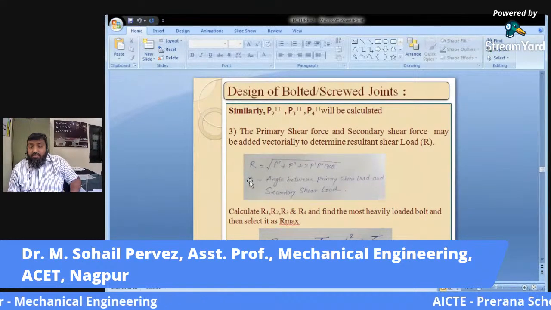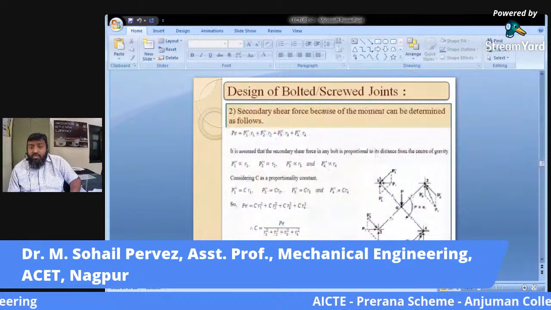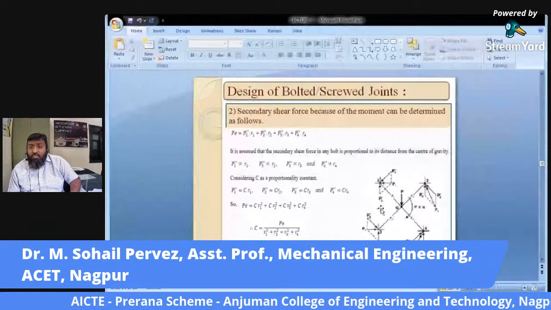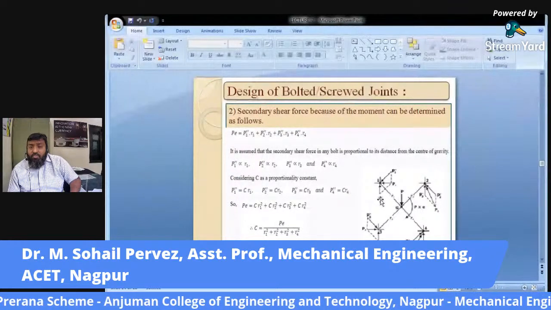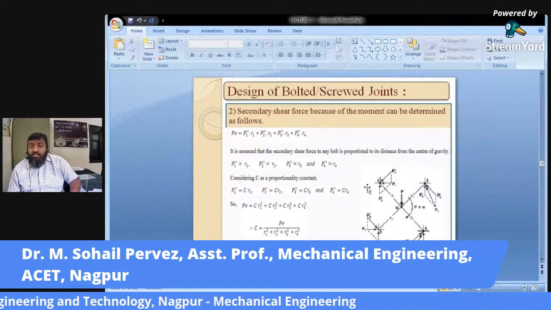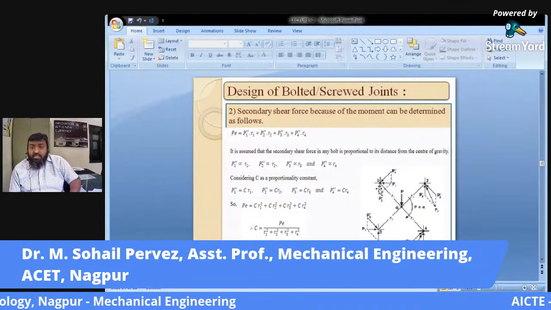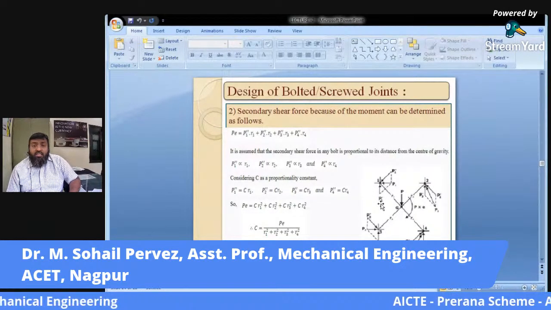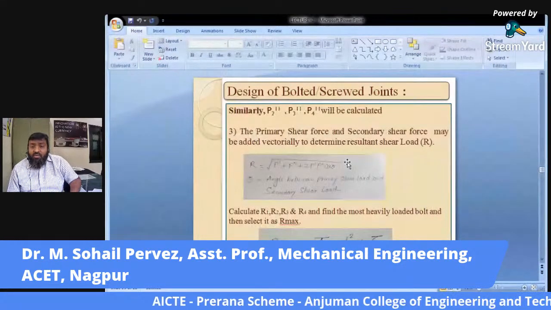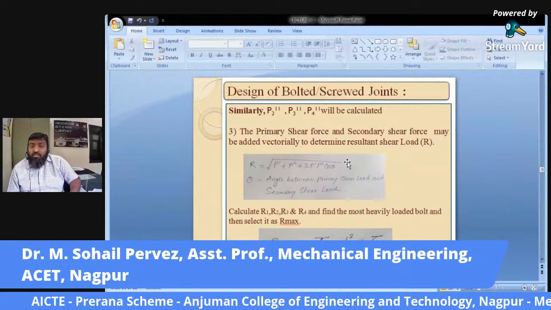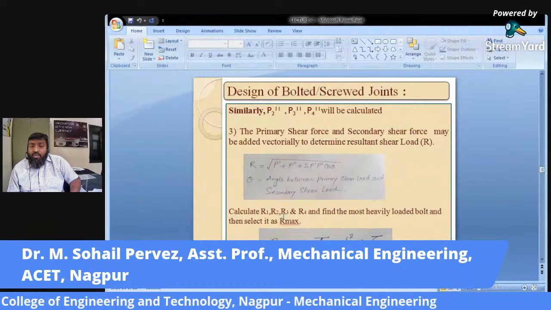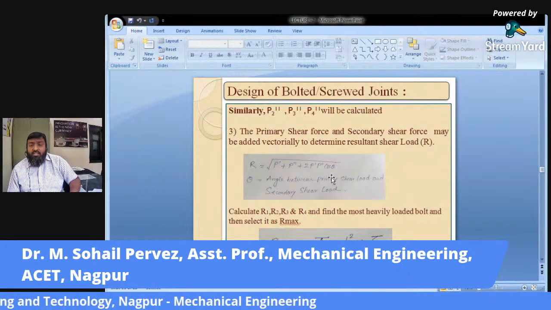Say this is P1 double dash and this is P1 dash, so this angle would be theta 1. Theta 1 would be calculated directly with reference to the diagram, and then we calculate R1, then R2, then R3, then R4. All four values may be calculated.